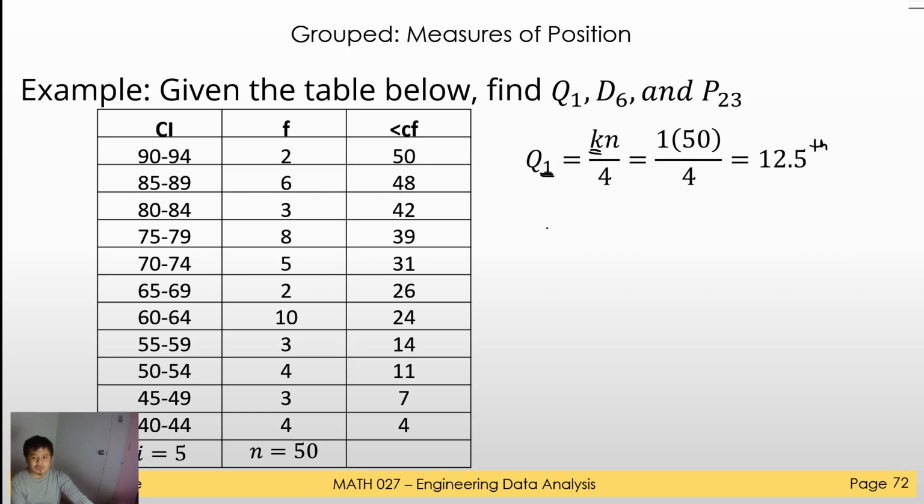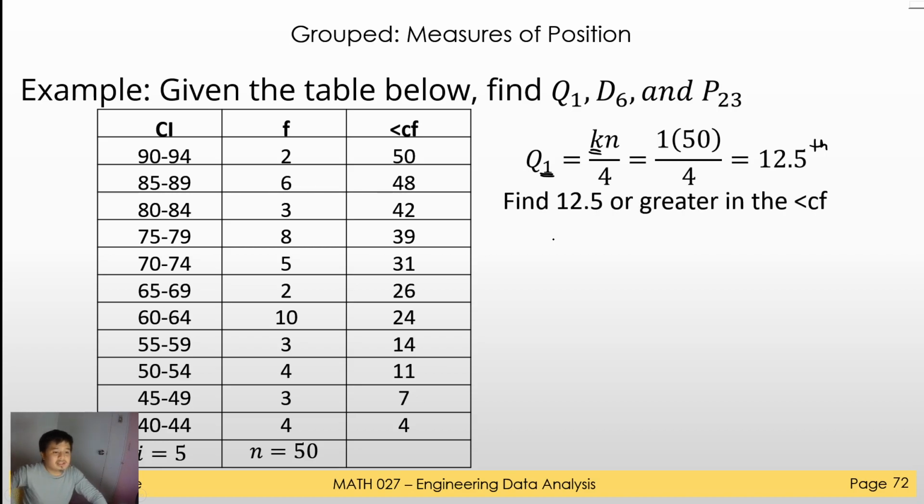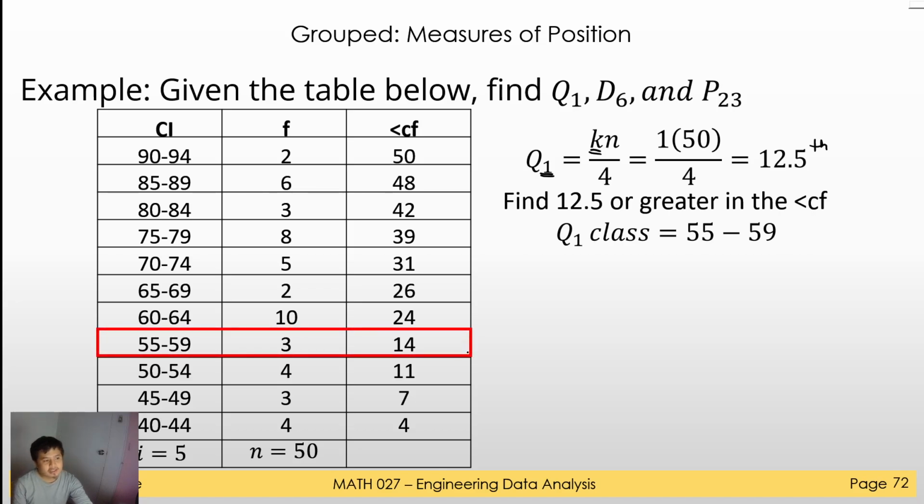Therefore, we should choose the 12.5 or greater in the less than cumulative frequency, so we choose the 14. It should be equal to or greater than 12.5. So we choose this as our Q1 class, 55 to 59, not really the median class, but the first quartile class.